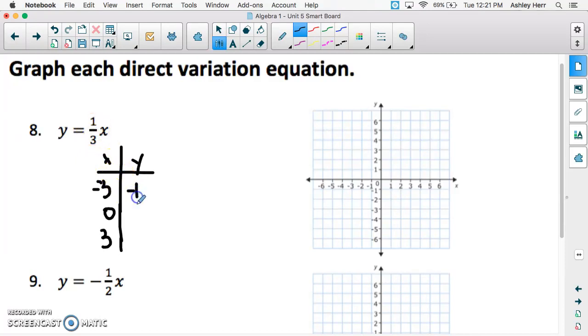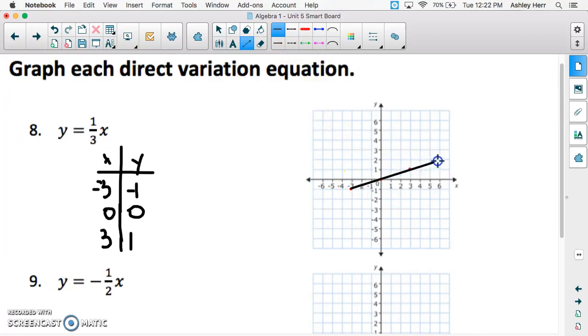When I multiply 0 times 1/3, I get 0. When I multiply 3 times 1/3, I get 1. When I graph these points, -3, -1 is at this point right here, 0, 0 is here, 3, 1 is here. When I connect my dots, this is what my line would look like.